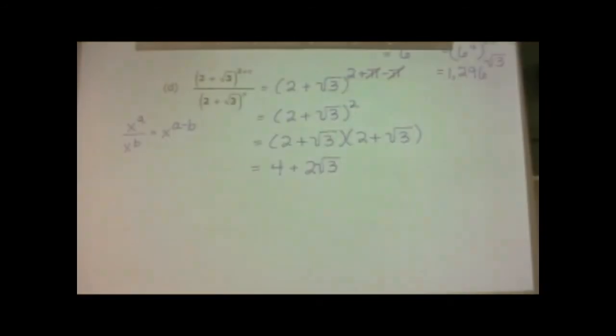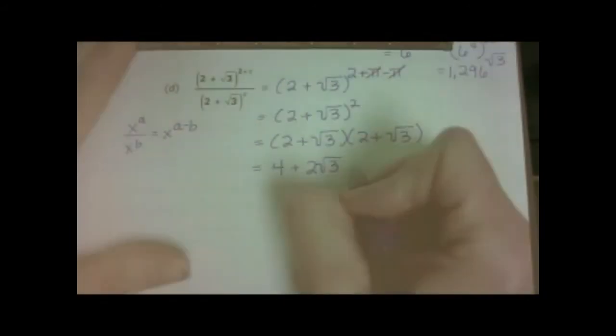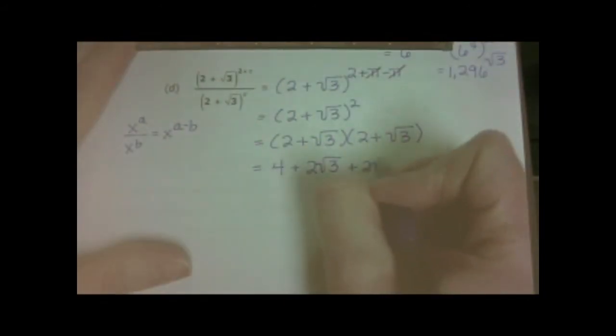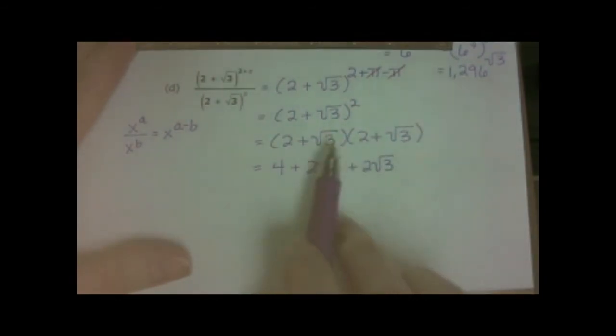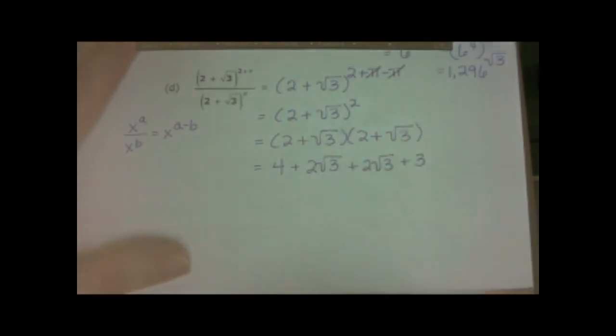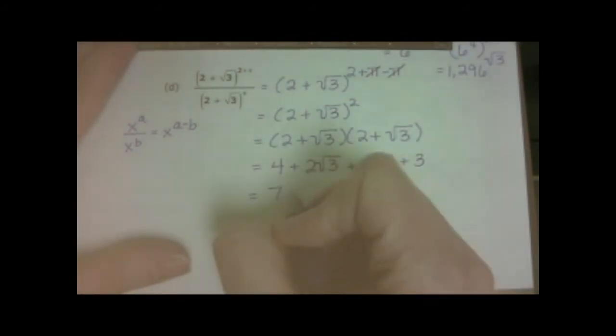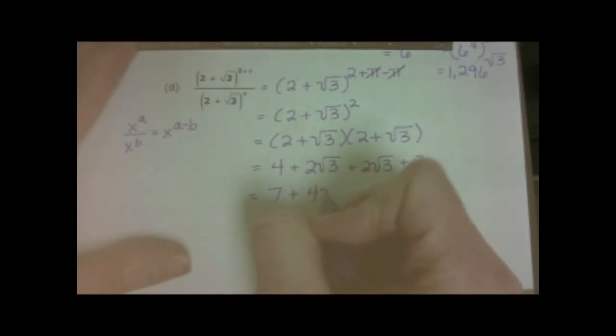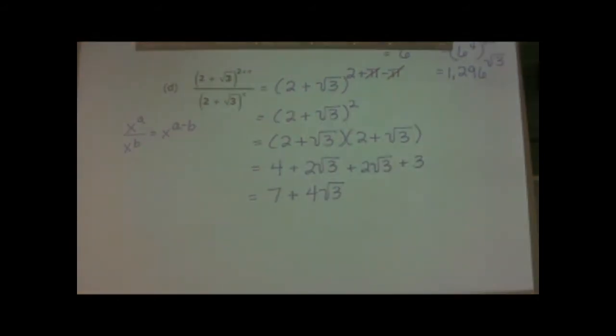My inners is plus 2 times the square root of 3. And the last, the square root of 3 times the square root of 3 is plus 3. Combine like terms. The 4 and the 3 give me 7. 2 square roots of 3 and 2 square roots of 3 give me 4 square roots of 3. All things I've used before.